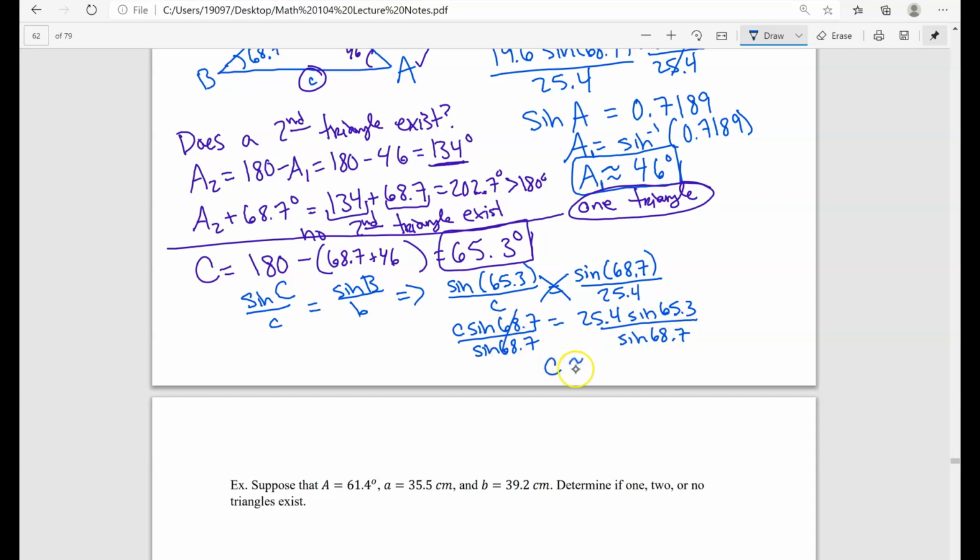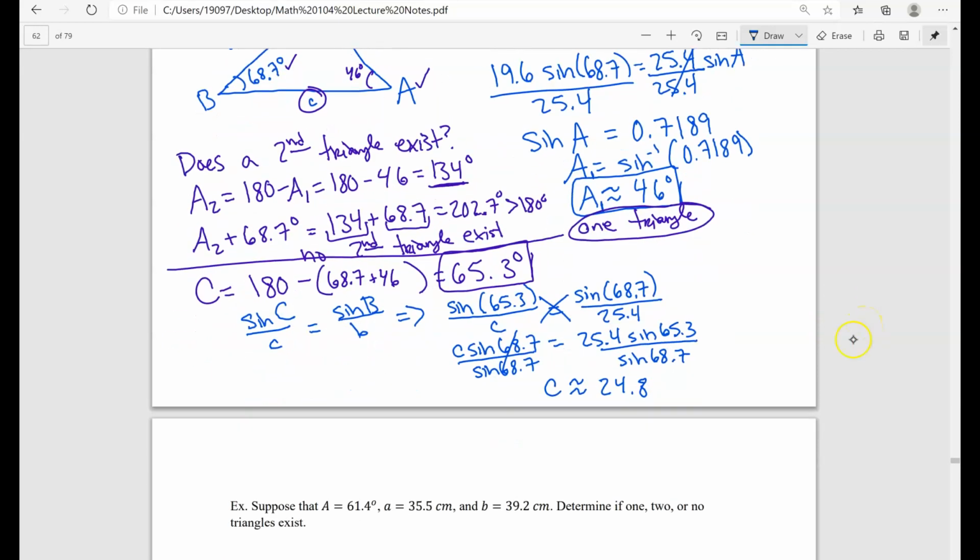Then c is going to be approximately equal to, so let's plug that into our calculator. So we're going to have 25.4 sine of 65.3 divided by sine of 68.7, and that's going to give me 24.8. What was the measurement? Inches.